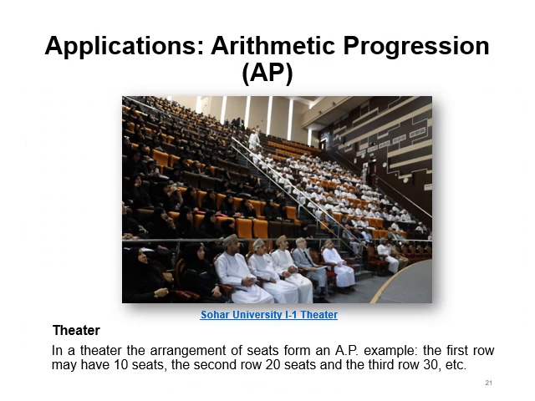Now, as an application for arithmetic progression, you can see here, this is a theater in Harvard University, and you can see that the difference between the first and second row and third row and fourth row is 10. It means 10 seats in the first row, as an example. The second row is 10 plus 10, 20, and so on.